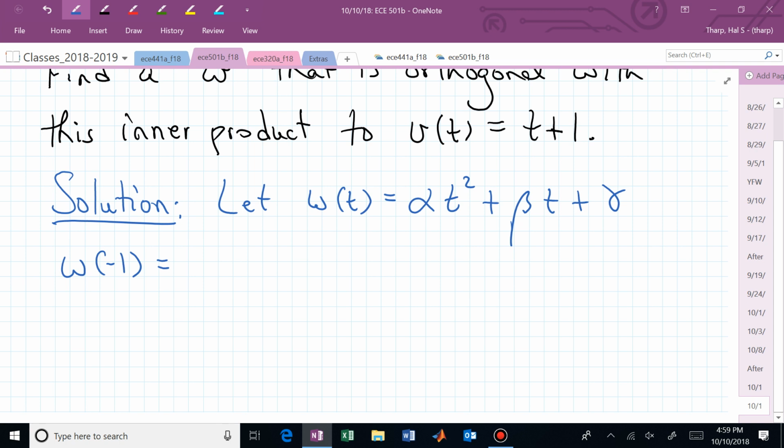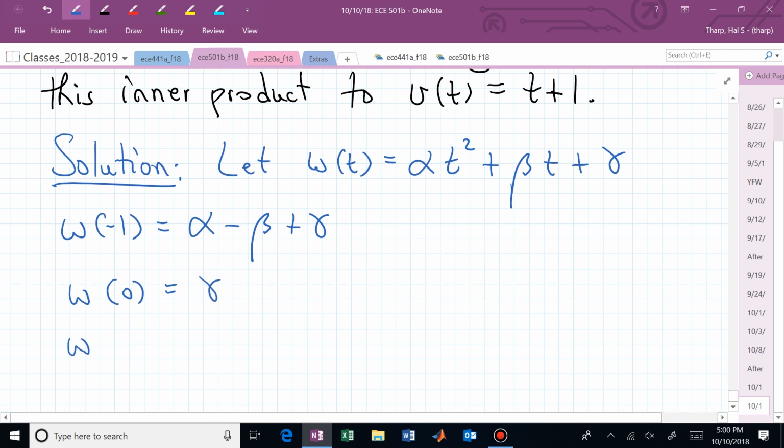What's w of minus 1? Alpha minus beta plus gamma. That's w of minus 1. w of 0, that's gamma, and w of 1.